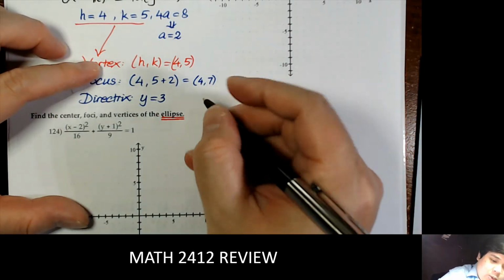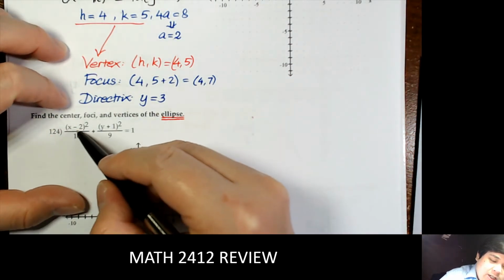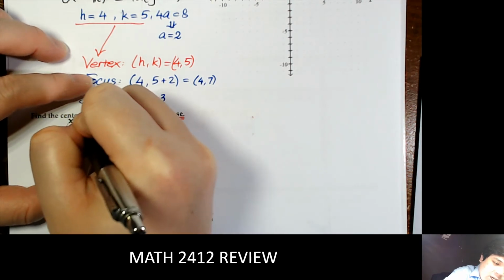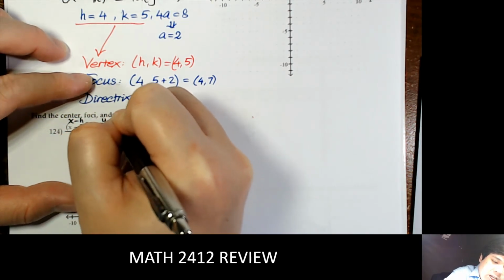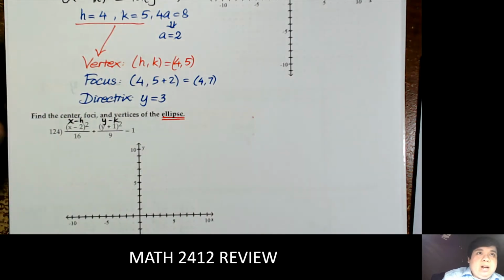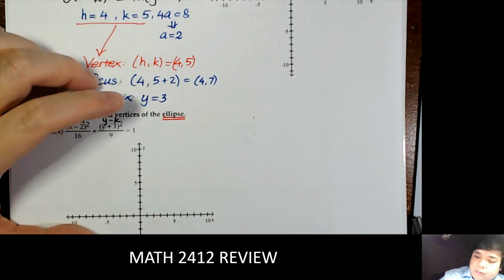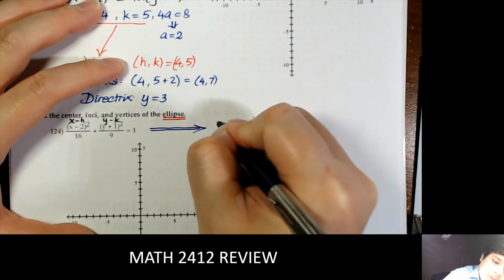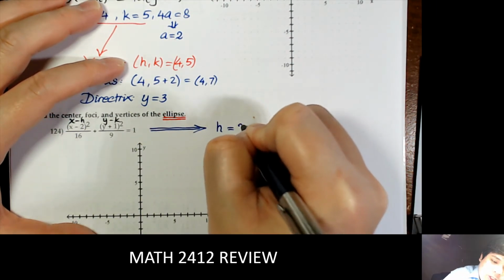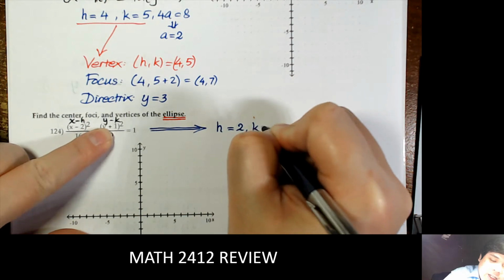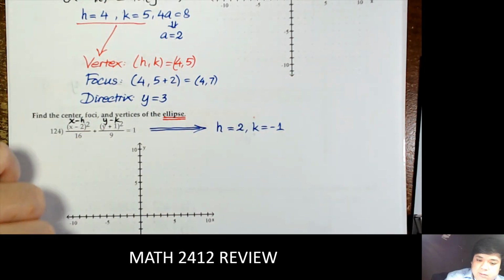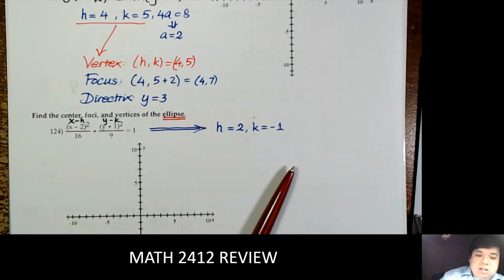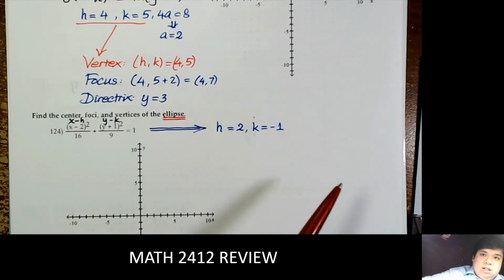So we just compare this. Use always x minus h and y minus k. So if we compare with that, h is going to be 2, and k is -1. Remember, it's not going to give us the vertex like this, but it gives us the center.